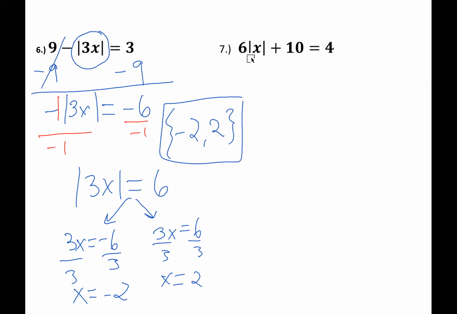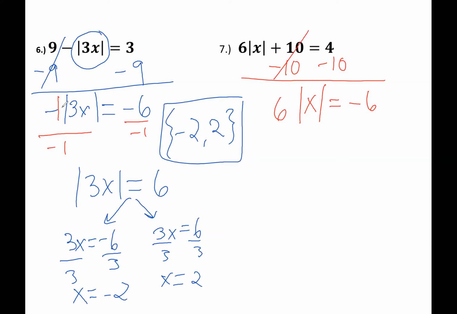So just notice that. That'll maybe be relevant in a minute here. But we want to start to isolate the absolute value by getting rid of this +10. So we'll subtract 10 on both sides. Okay, 4 minus 10 is -6. Then we'll bring down what we still have, 6 times the absolute value of x.